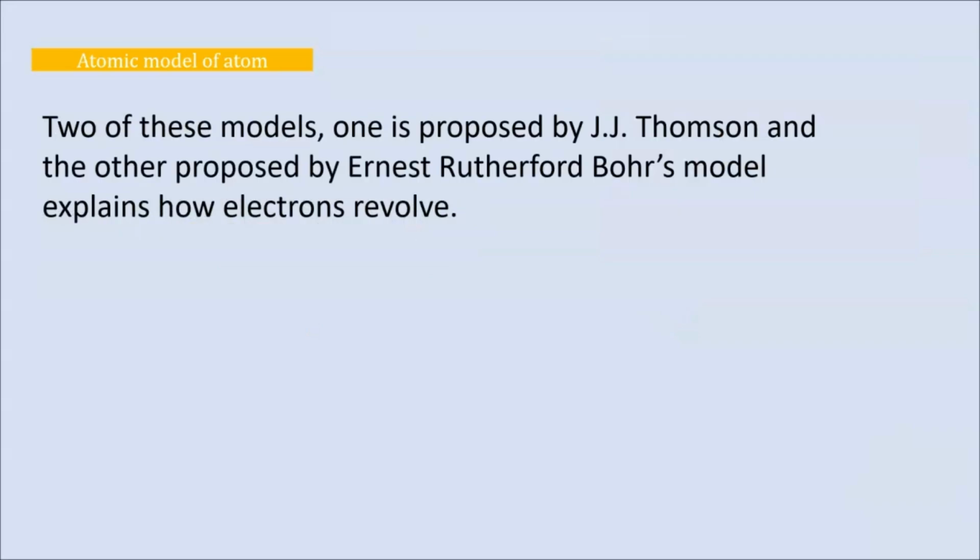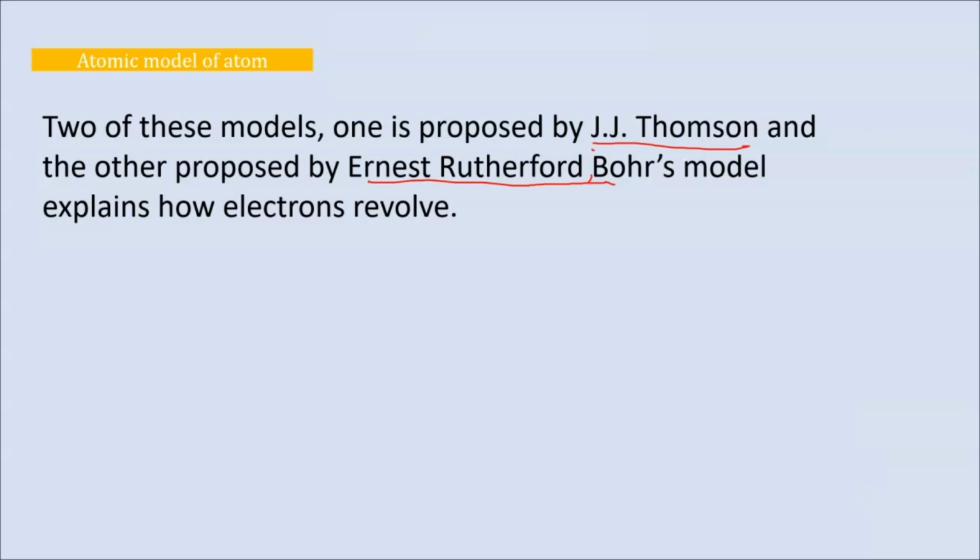Right. So for atomic models, there were scientists who came forward to explain the atomic model. One is J.J. Thomson, another is Ernest Rutherford, and the third is Bohr. So not two, they have told three of the scientists. They each explained the atom in their own way.